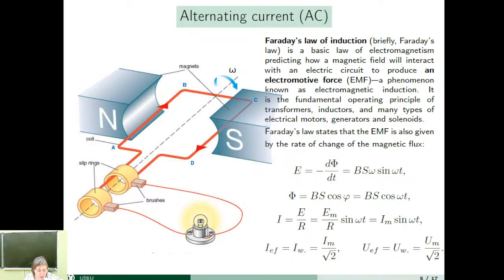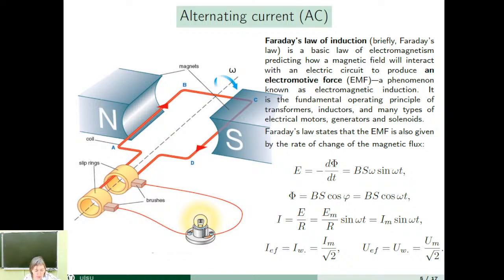This way of obtaining alternating current underlies the device of the industrial generator of alternating current. In industrial generators, the magnetic field is created by a powerful electromagnet.